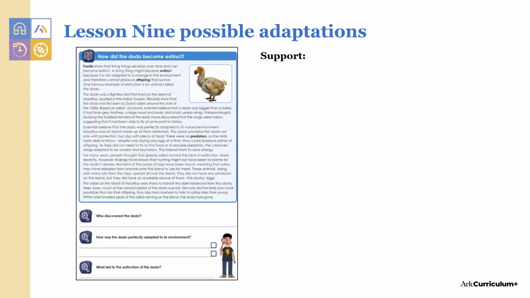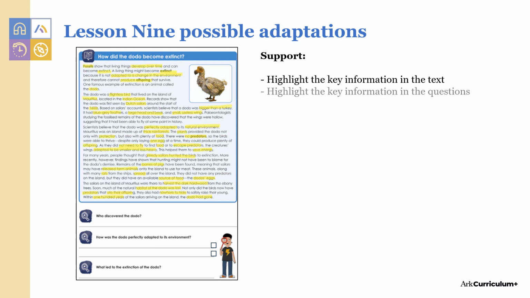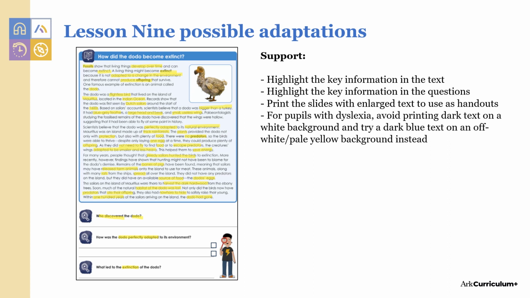In Lesson 9, pupils will need to read a text based on the dodo and answer 3 retrieval questions. Support them by highlighting the key information in the text and the key information in the questions. Again, you could print the slides with enlarged text to use as handouts.